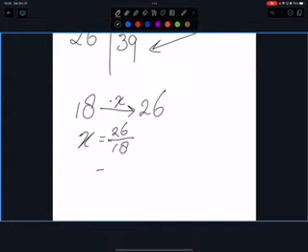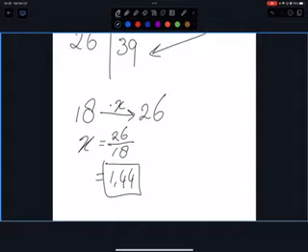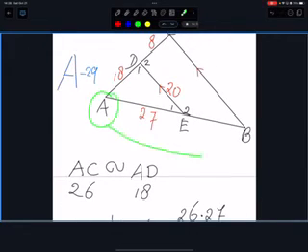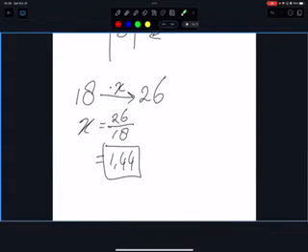This answer becomes 1.44. Yes, that is the factor it's being multiplied by. So if I want to know the length of AB, I need to multiply AE with 1.44. And if you do that, your answer is also 39. So 2 ways of getting to the answer.